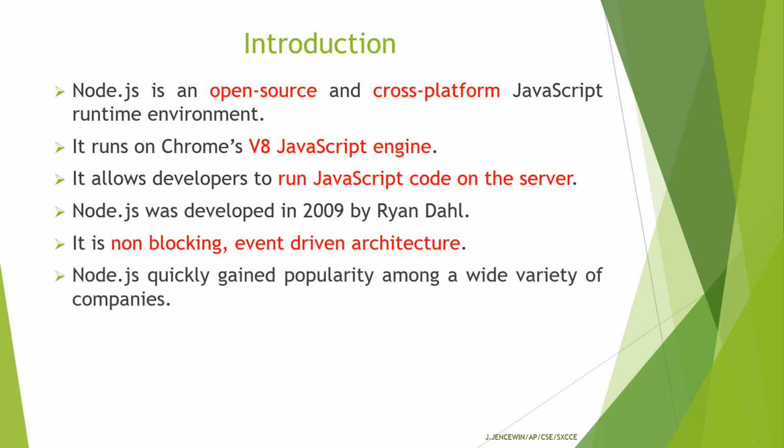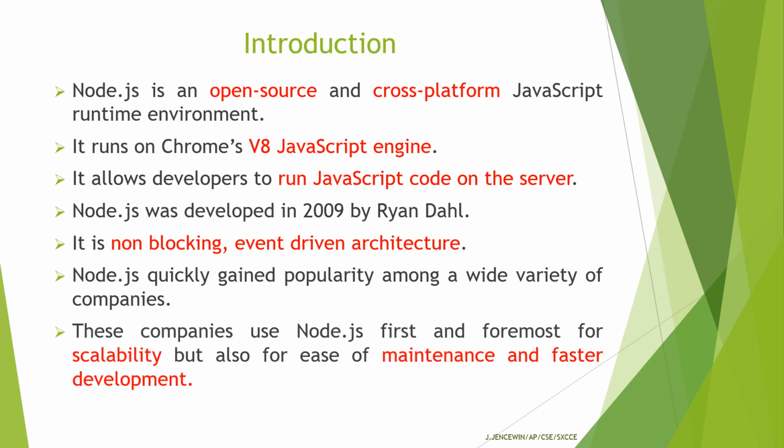Node.js quickly gained popularity among a wide variety of companies because of its scalability, ease of maintenance and faster development. Node.js handles concurrent execution, so we can create scalable applications.